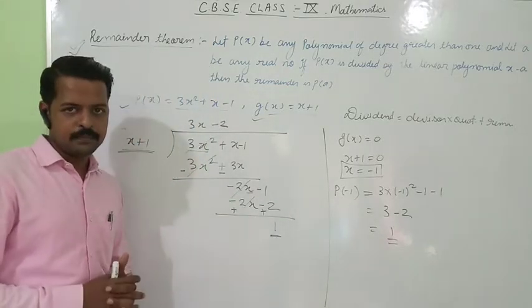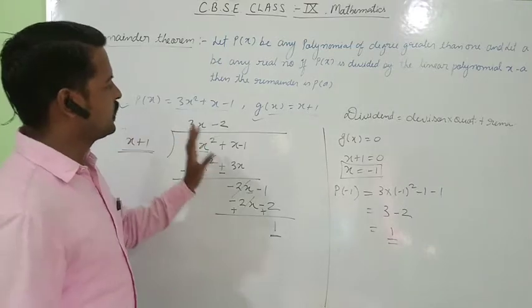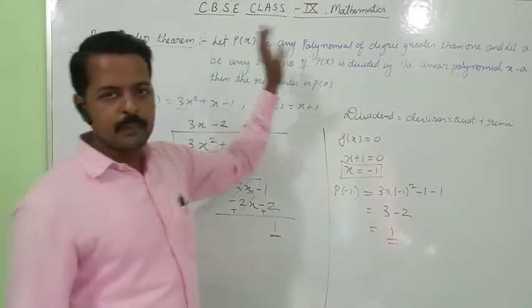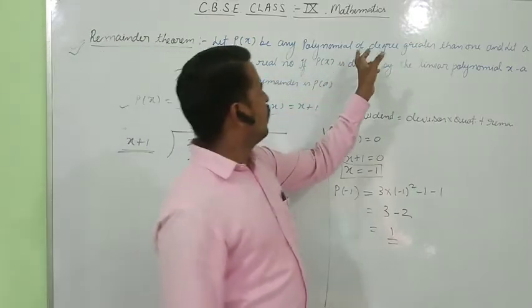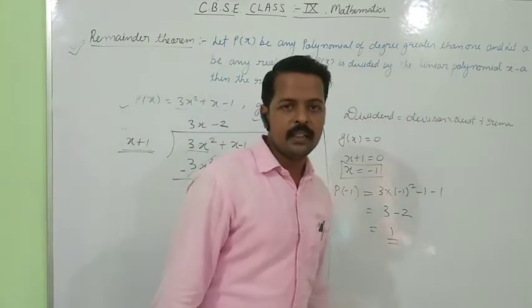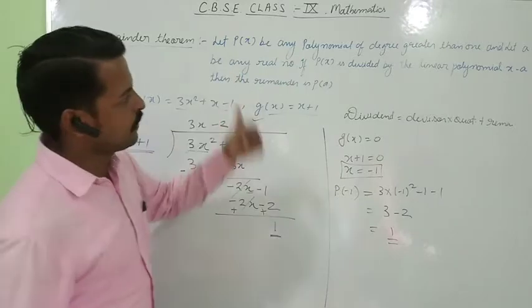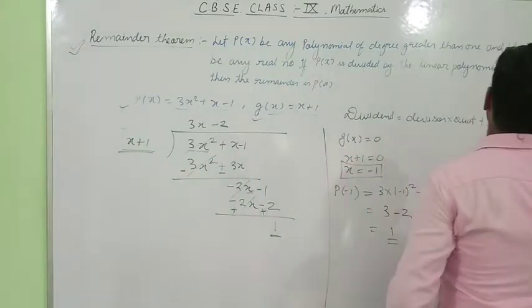Now we'll see what the remainder theorem is. First of all, let p of x be any polynomial. I am taking p of x as any polynomial of degree greater than 1, and let a be any constant.